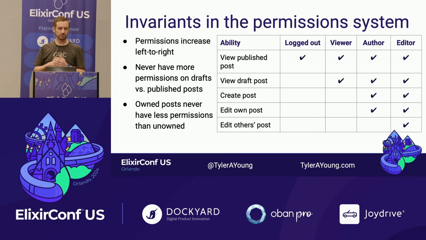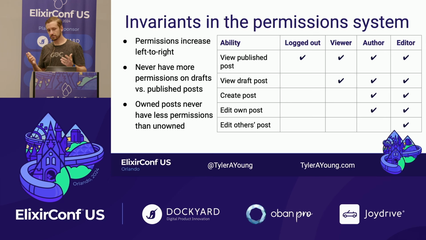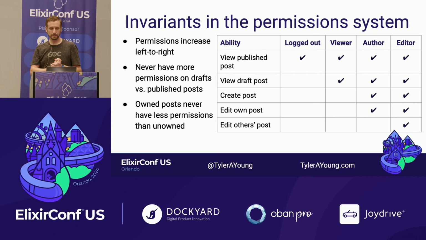Authors should have more permissions than viewers, and so on. You should never have more permissions on drafts than you have on published posts. And owned posts should never have less permissions than ones you don't own. Okay, so that provides a check to our parameterized test. But you can't really derive this whole table from that set of invariants. It's an addition, but not a replacement for the example tests.